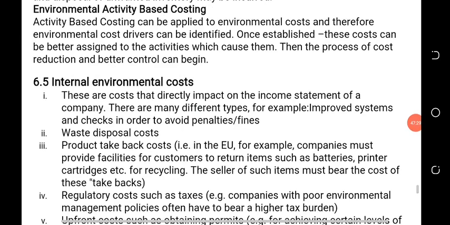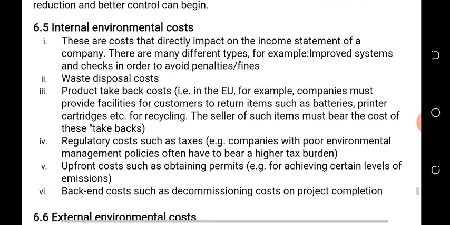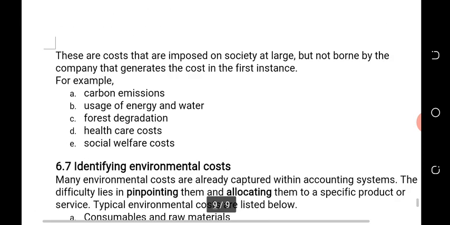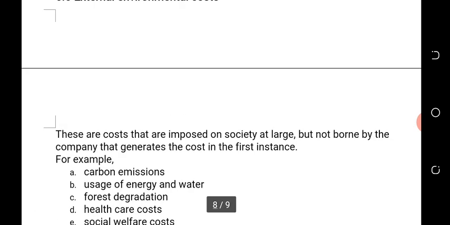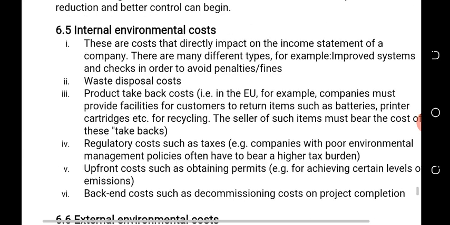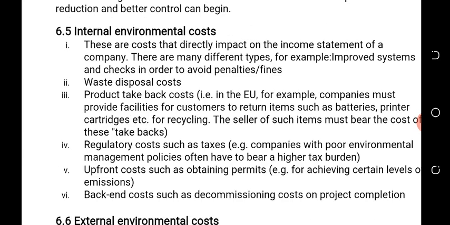So we have the internal environmental costs and the external environmental costs. We should be able to look at all those examples of costs. We said these are costs that directly impact on the income statement of the company. There are many different types.